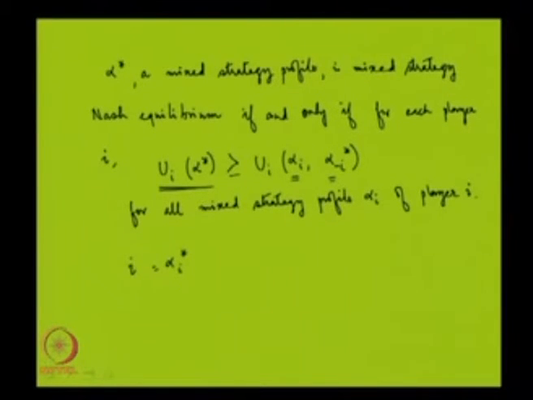What is to be remembered is that here this capital U is the payoff function of players under von Neumann Morgenstern preference. So, these are the expected payoffs. These are not the kind of ordinal payoffs that we have seen before.